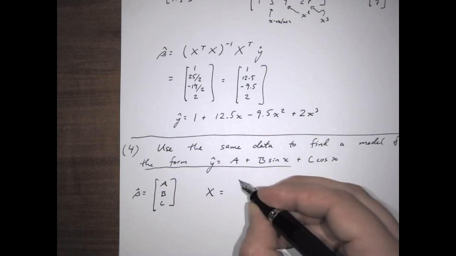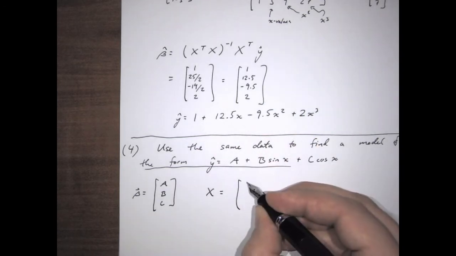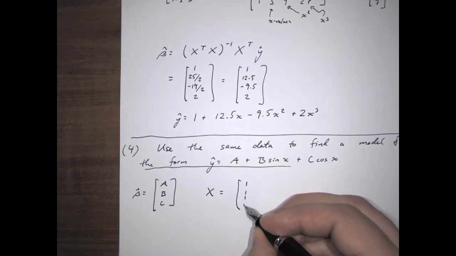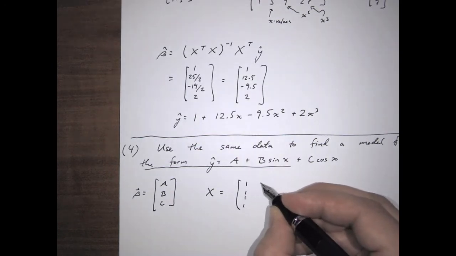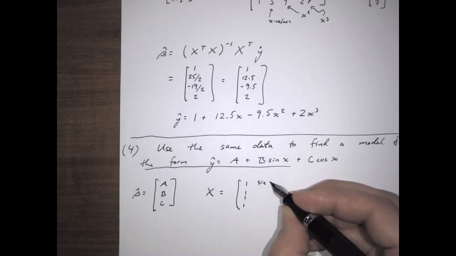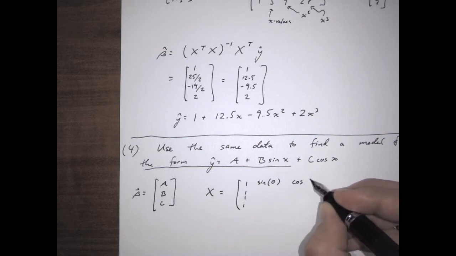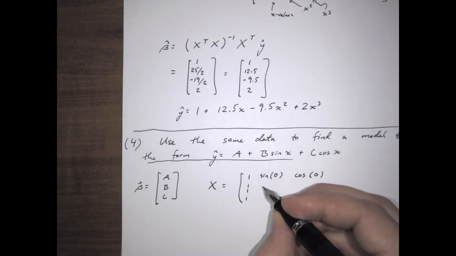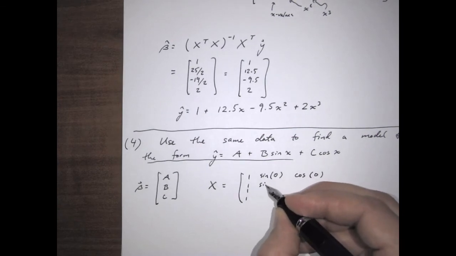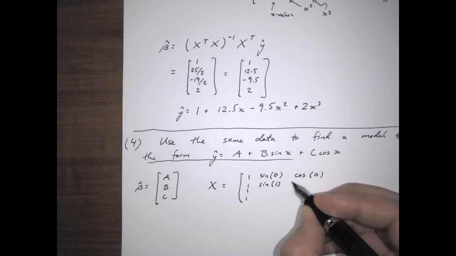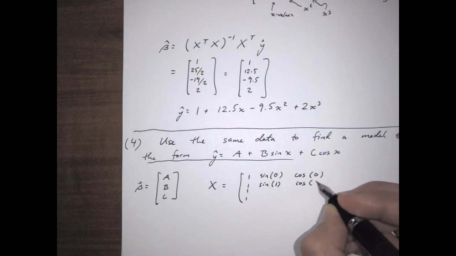The design matrix will be the weight on the a, which will be 1, 1, 1, and 1. And then we'll have here the weights on the b, which will be the sine of 0, and the weight on the c, which will be the cosine of 0. Here we'll have the sine of 1 and the cosine of 1.